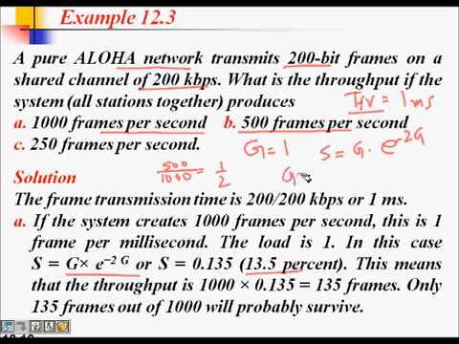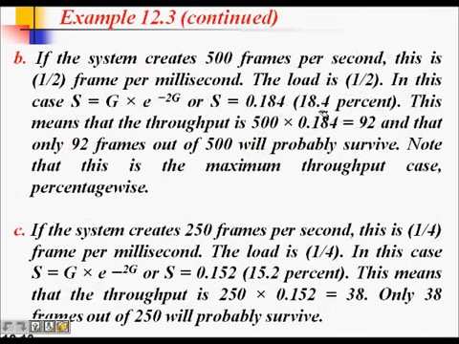So G will now be the best case, and it is 18.4%. So this shows how you calculate the throughput, and the best throughput is this. If you try to decrease the number of frames per second further, then it's going to be 15.2%.